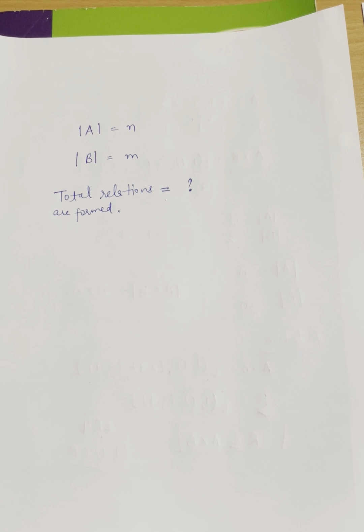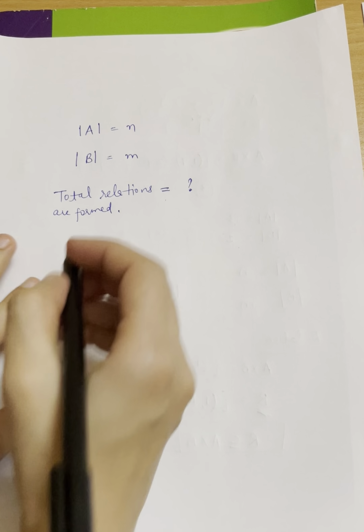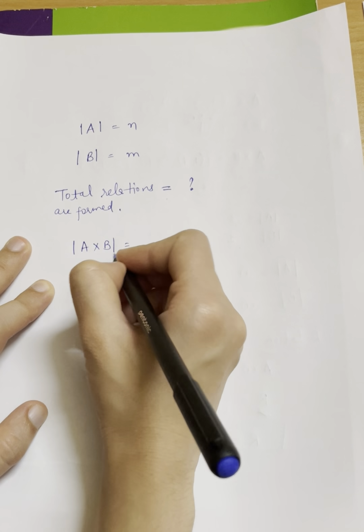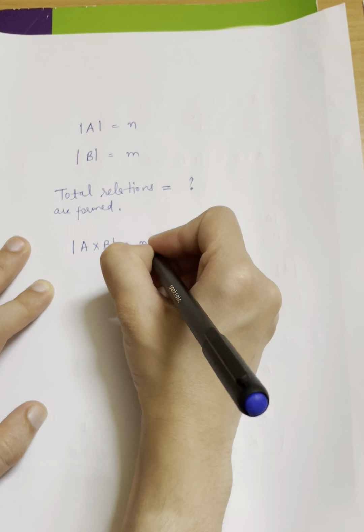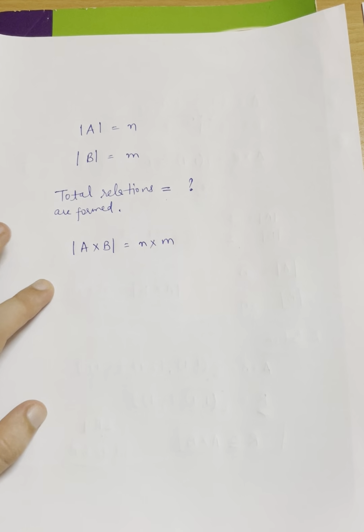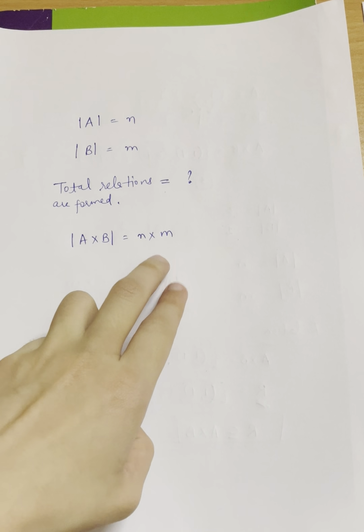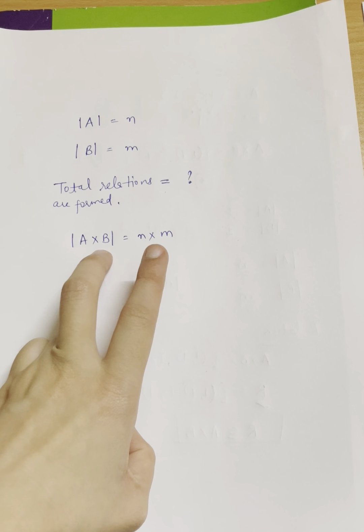First of all, we know what is relation. Relation is subset of Cartesian product. So what is the cardinality of Cartesian product here? The cardinality of Cartesian product is n cross m. So these are total number of elements present in Cartesian product.